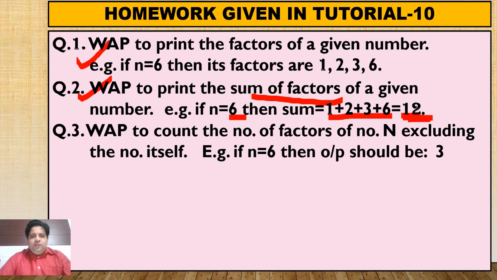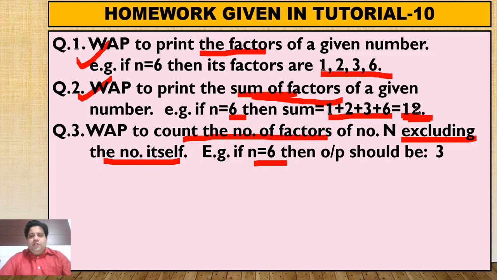Again see, in the first program factors, second program sum of factors, here count the factors. But here you have to exclude the number itself. For example, factors of 6 are 1, 2, 3 and 6, but here you have to exclude 6. So how many factors are there? 3 factors are there. Now how will you count the factors?